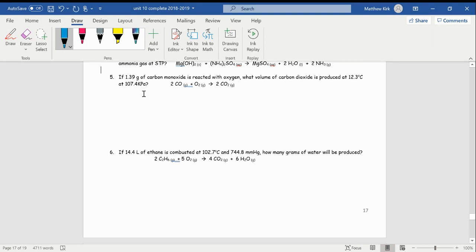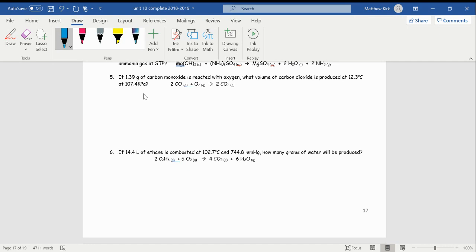So in number 5, we have that reaction between carbon monoxide and oxygen. If we have 1.39 grams of carbon monoxide reacting with oxygen, we want to know what volume of carbon dioxide is produced at 12.3 degrees Celsius with a pressure of 107.4 kPa. Okay, so for this one, we want to go from grams of carbon monoxide to volume of carbon dioxide.